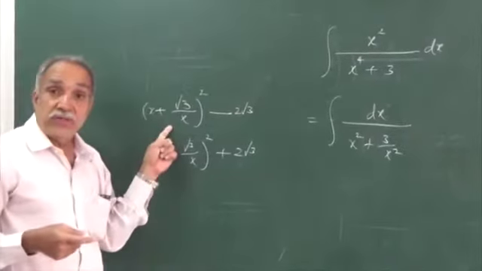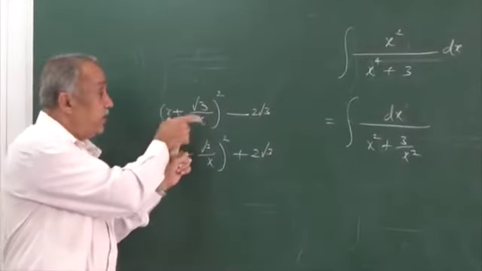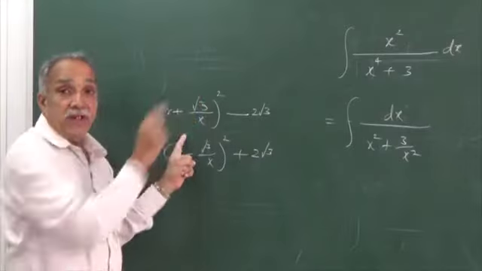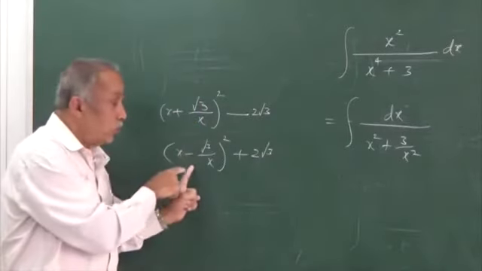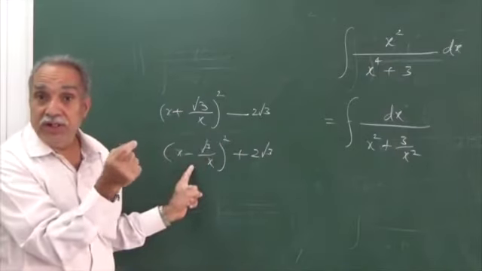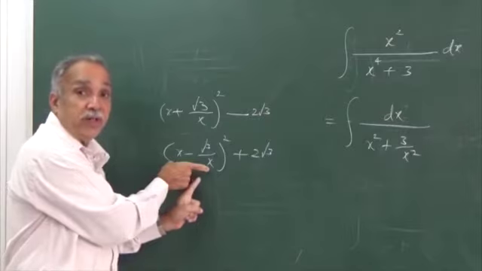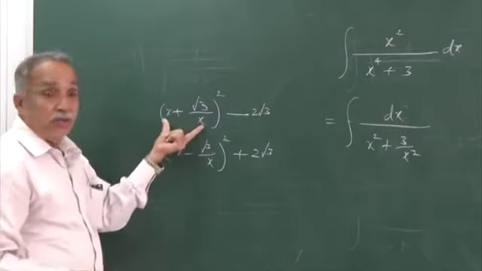You can write the denominator in any one of these two forms. But to use this form in carrying out integration, I need derivative of this in numerator. Don't forget that you will require derivative of this in numerator. What is derivative of this?